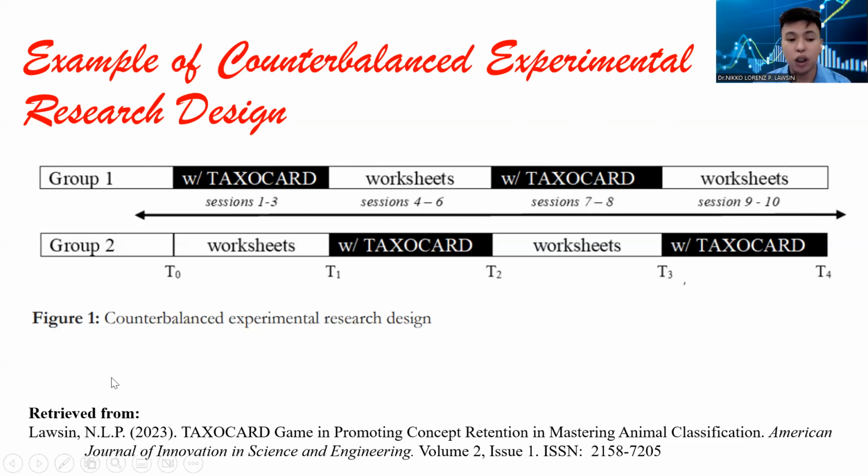Okay, so you get the consistency of the scores. If the Taxo Card didn't really improve the concept retention, you could have valid proof because you implement the intervention twice in the experiment. Okay?